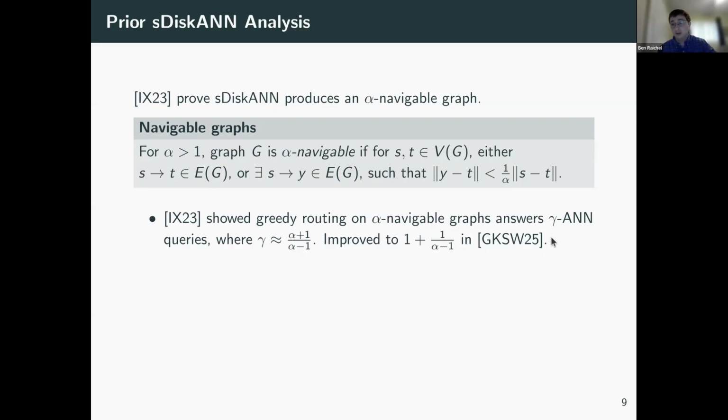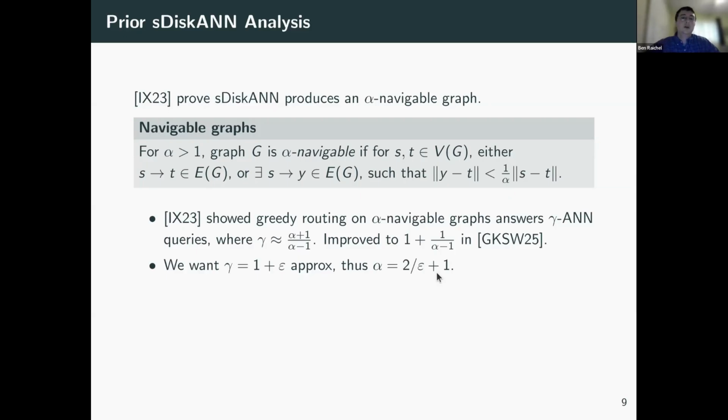So there have been a couple of papers looking at this. In our case, we want a 1 plus epsilon approximation, so I'm saying gamma is 1 plus epsilon. That's our goal, which if you take the Indyk and Chu bound and rewrite it, you get 2 over epsilon plus 1. If you take the improved bound, it would be something like 1 over epsilon plus 1, but it doesn't really matter.